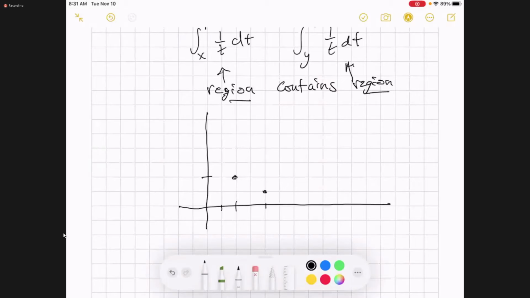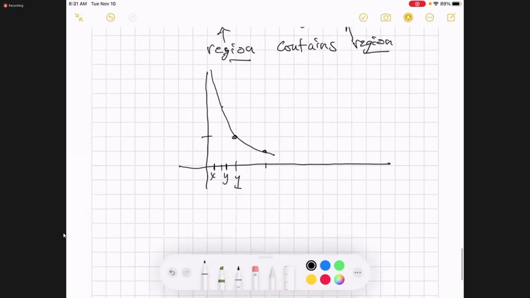Because we're looking at 2 numbers less than 1. Here's 1, and suppose there's X and there's Y. Then the integral from X to 1 of 1 over t dt, that's the area of a region, and let me draw the region. It'd be this one, and let's color that region. Okay, I'm coloring it green.